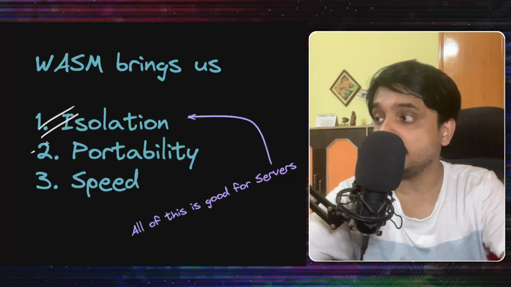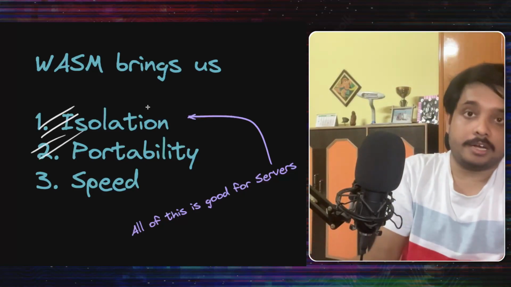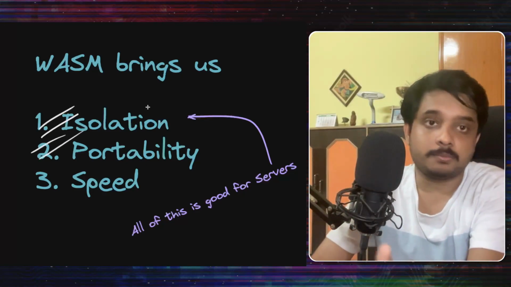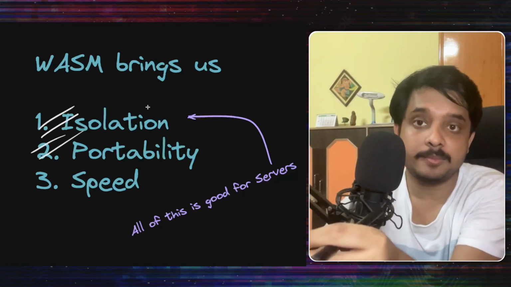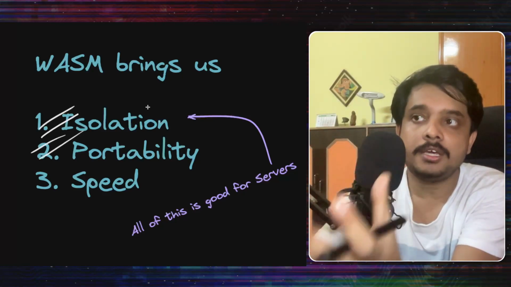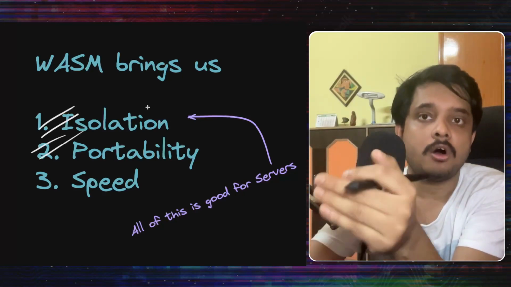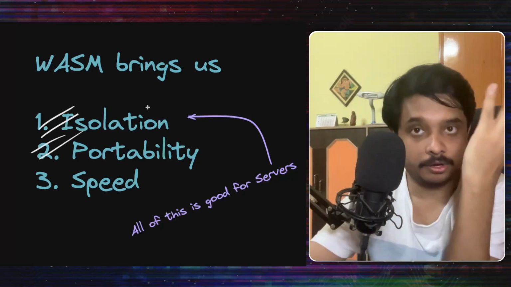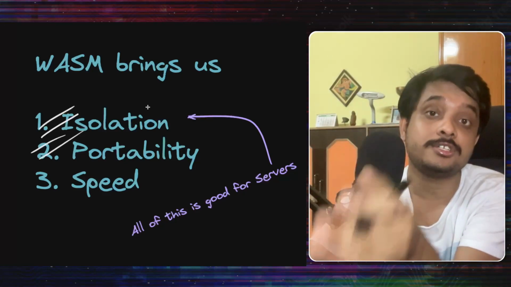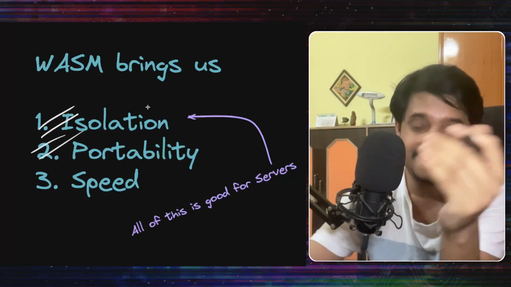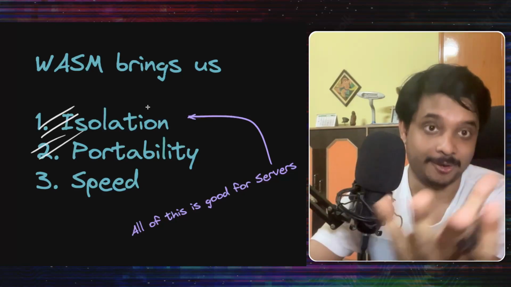And then comes portability. The same code should run on multiple browsers. So you write, let's say, a Rust program once and you convert that into WebAssembly. That WebAssembly bytecode should run on all browsers. It should run on Chrome, it should run on Firefox, it should run on Chrome on Android, it should run on Chrome on Windows, it should run everywhere. It should run on every platform, right?